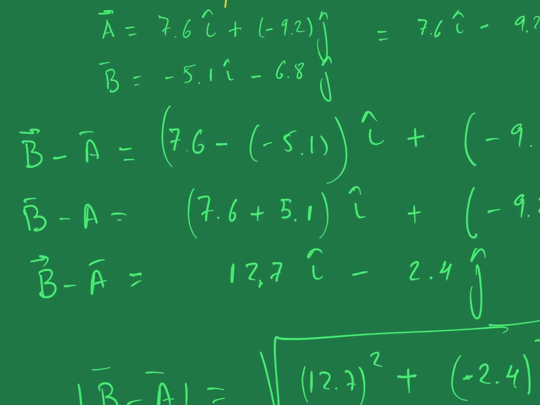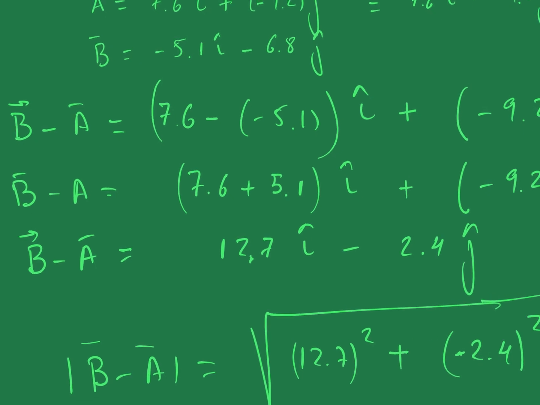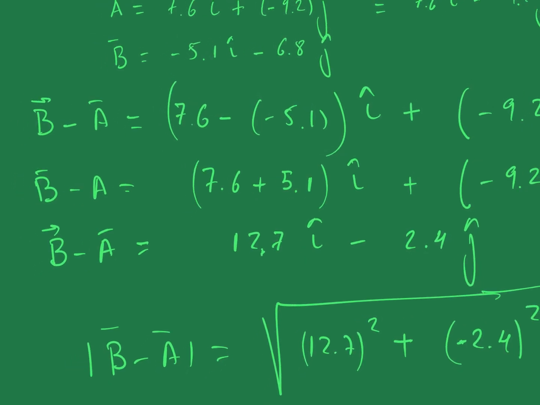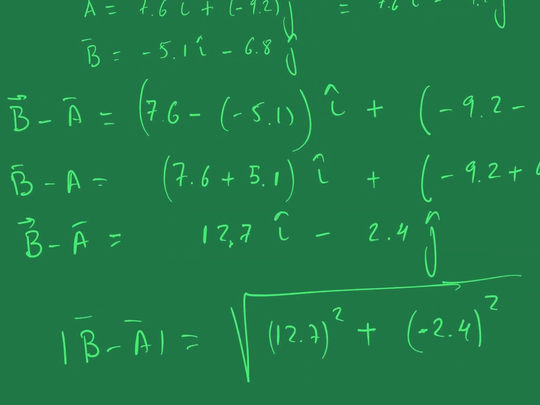So I will not worry about my mistake, so you will correct the mistake. The vector V minus A is not this one. It's the opposite. So the vector V minus A will be minus 12.5 plus 2.4j.